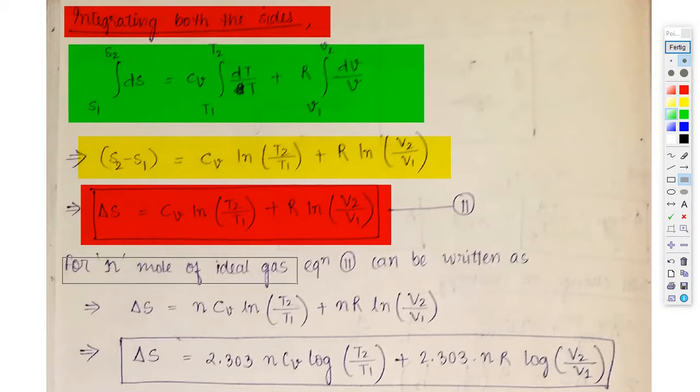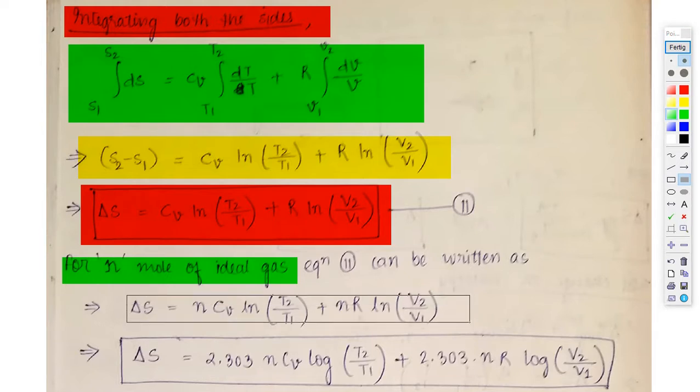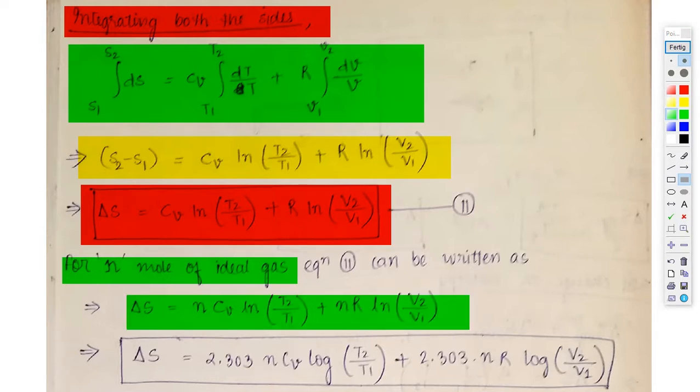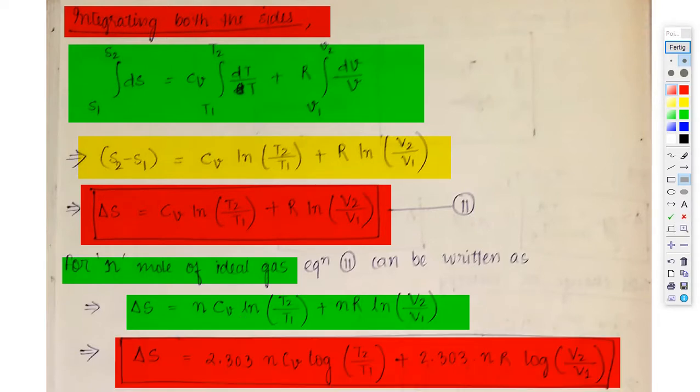Equation 2 can be written as delta S equals n Cv ln T2 by T1 plus nR ln V2 by V1 for n moles of the gas. This natural log can be replaced with log base 10, and we have to multiply by 2.303, so delta S equals 2.303 n Cv log T2 by T1 plus 2.303 nR log V2 by V1.